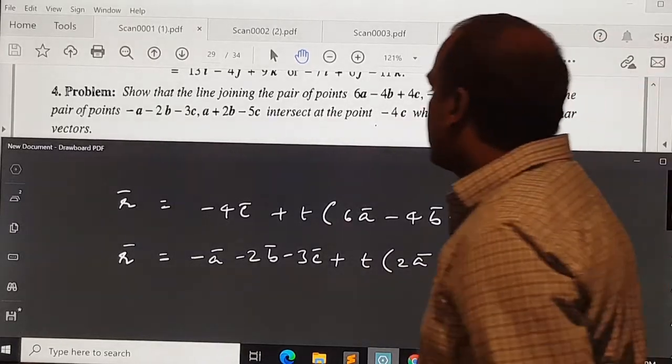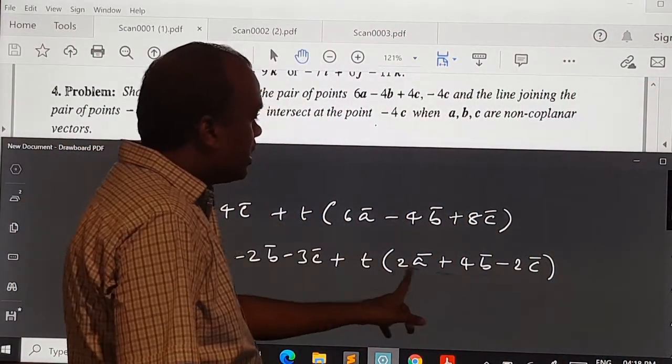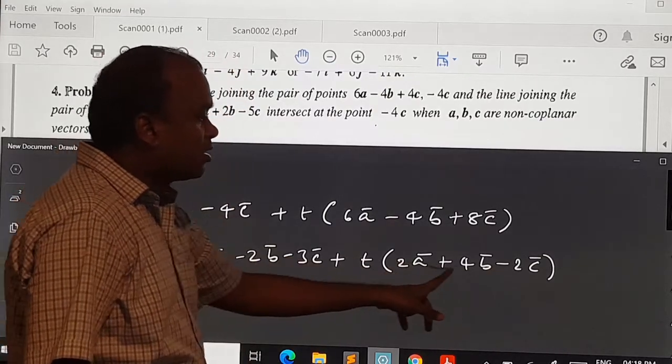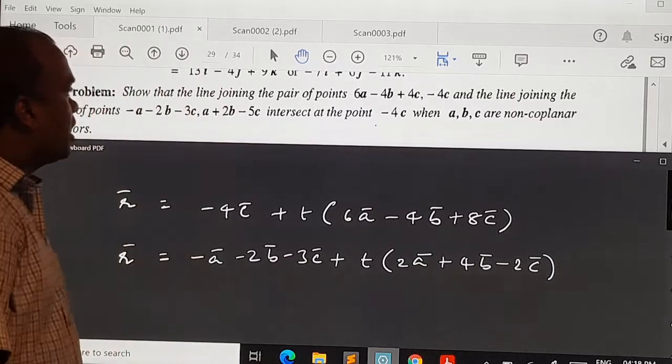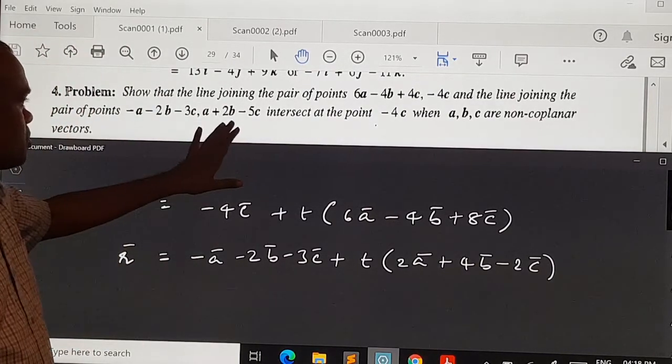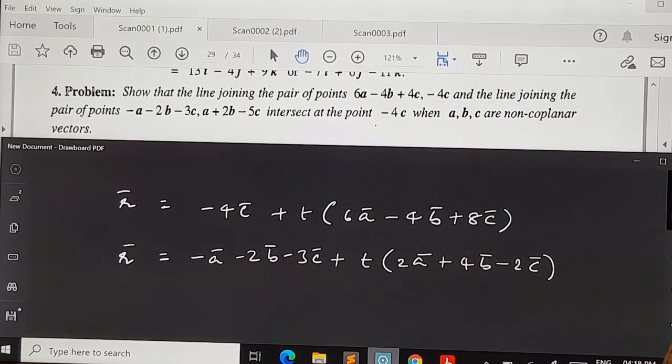I want you to observe that if I wish, I can cancel a 2 also, and still I have a vector lying along the same line. All that you need over here is a vector lying along the same line. So this minus this, I got a vector, okay, I'll adjust with that vector.